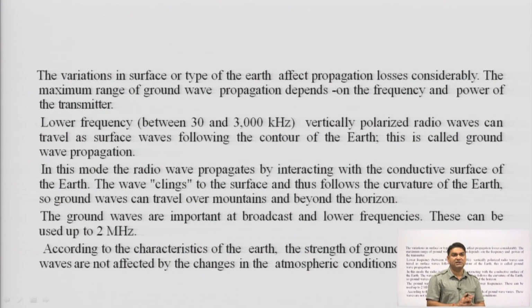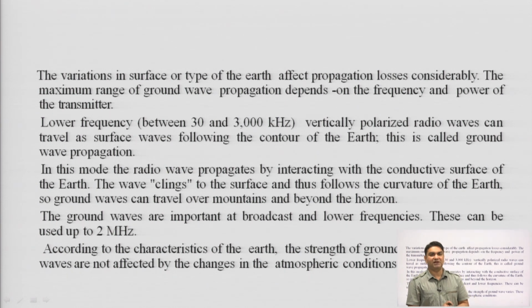The variation in the types of earth's surface affects propagation loss considerably. Obviously, the different characteristics of the earth's surface impact the mode of propagation, that is, ground wave or surface wave propagation. The maximum range of ground wave propagation depends on the frequency and power of the transmitter.